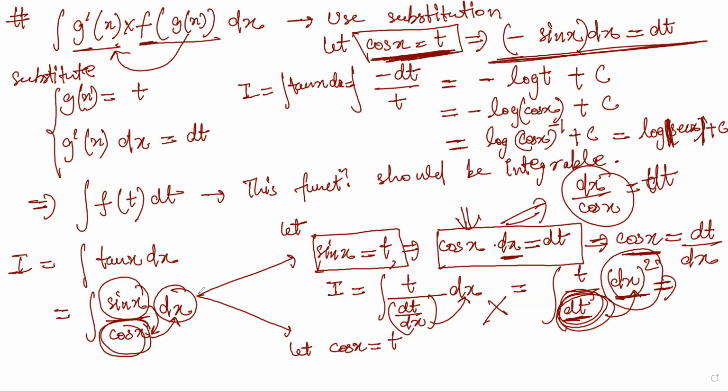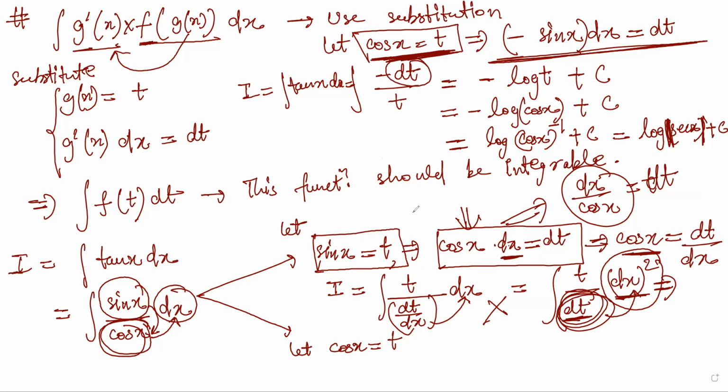And here I have sine x into dx as minus dt. So now this fulfills my purpose, because I have already removed dx and I have dt in the numerator. There were two things: I had to remove dx and I had to take dt into the numerator, which both happen if I substitute cos x as t.